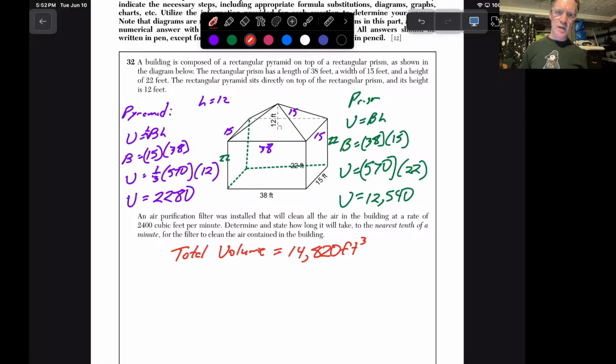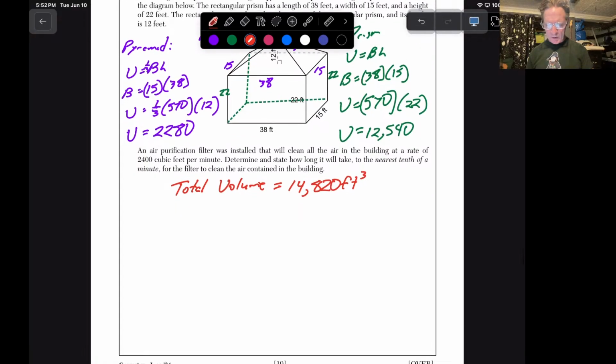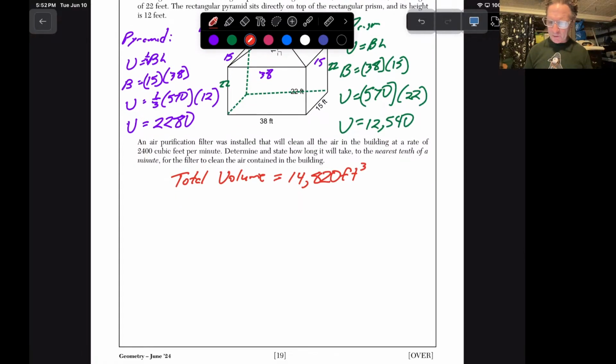But we're not actually done, right? Because they're actually asking us, by the way, if you got to this point and did everything correctly, I think that's a 3 out of 4. An air purification filter was installed to clean the building at a rate of 2,400 cubic feet per minute. Determine how long it would take to the nearest tenth.